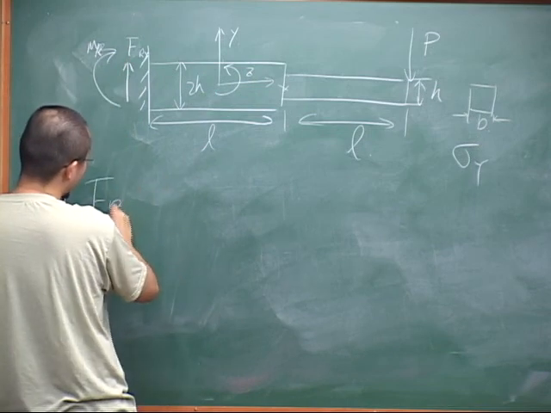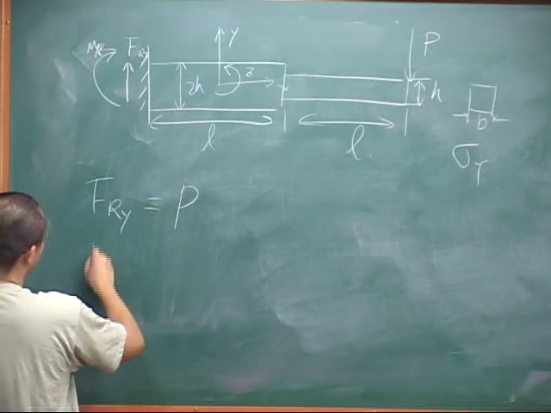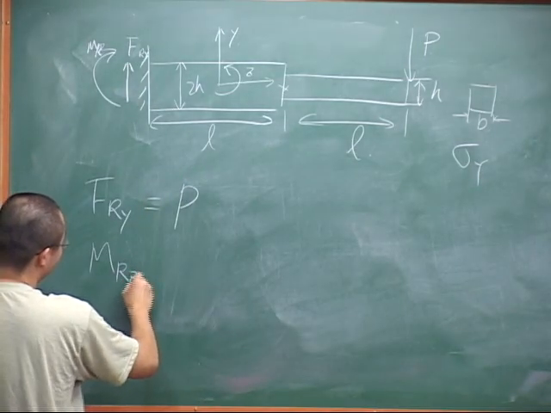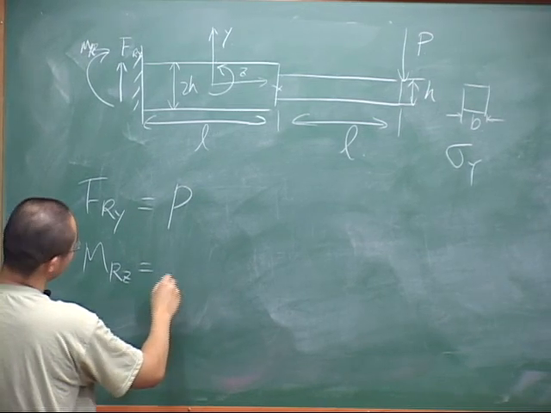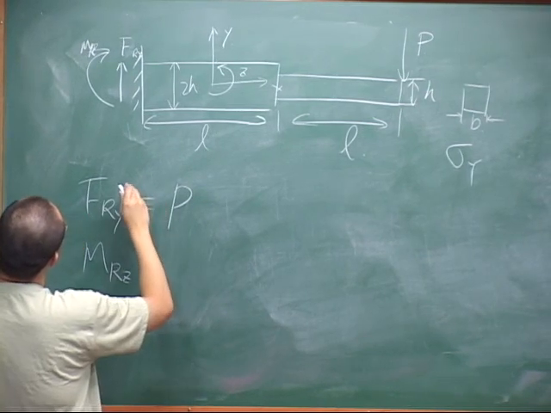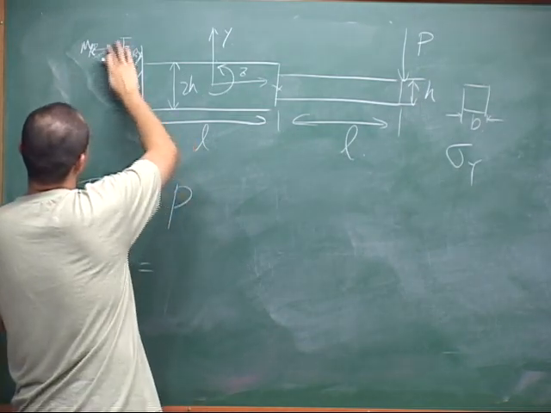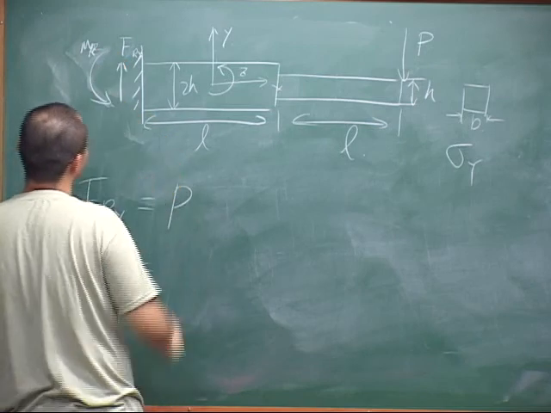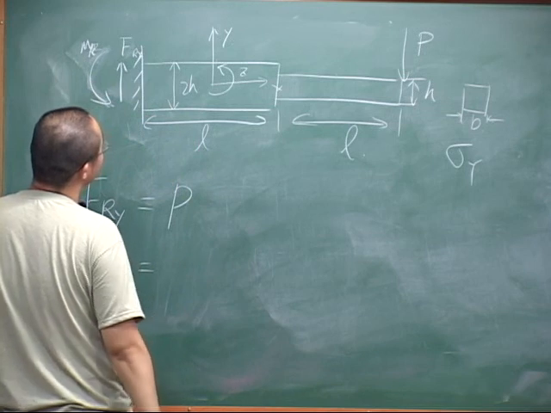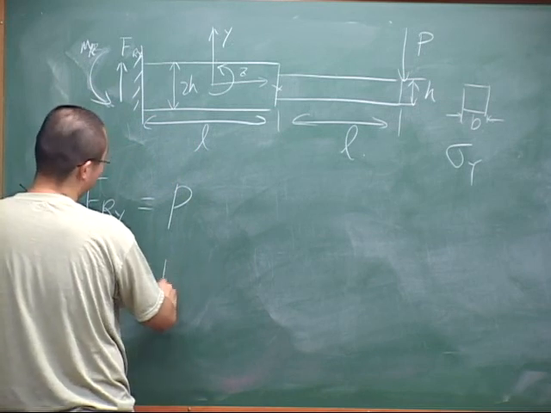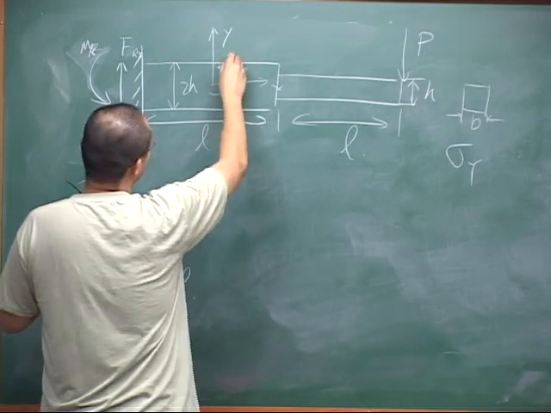So FR,Y is equal to P. I tend to use this direction, so we have a positive sign. If you use this, MRZ is equal to 2PL.